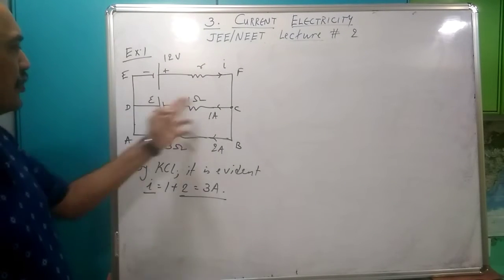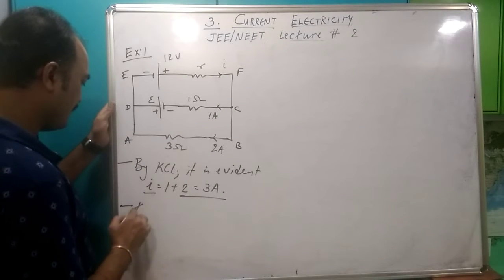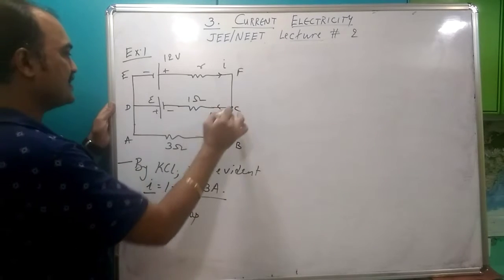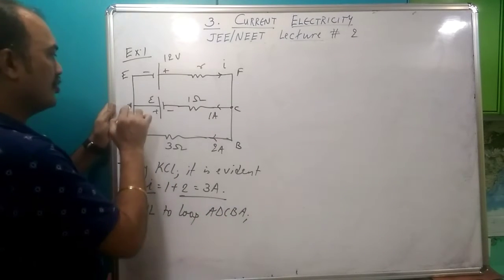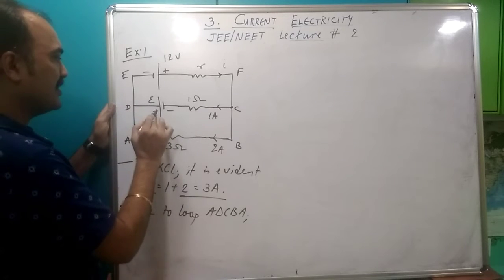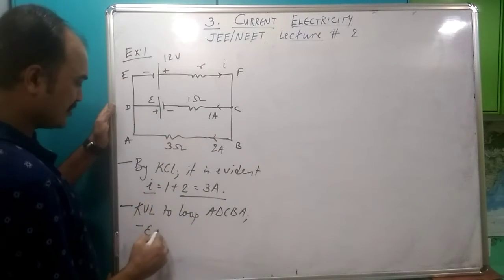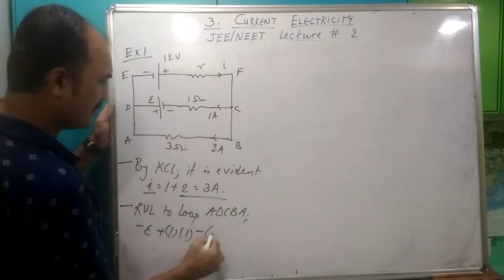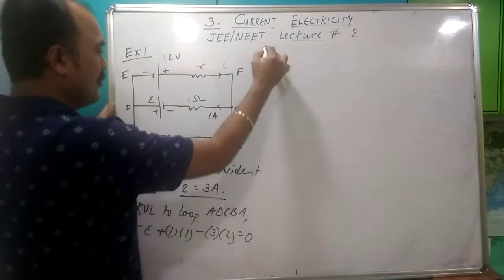Now, if you want to put KVL, you can put KVL. So by KVL to loop ADCBA. From D to C, good to bad, it is bad and opposite to the direction of current, plus 1 into 1 in the direction of current, minus 3 into 2, and that is equal to 0.